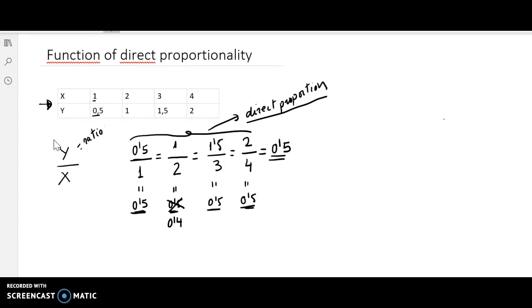Well, this is a fraction also, okay? But in a fraction, we don't write decimal numbers. In a ratio, we can write decimal numbers. For that reason, we say that these are ratios because we are writing also decimal numbers.